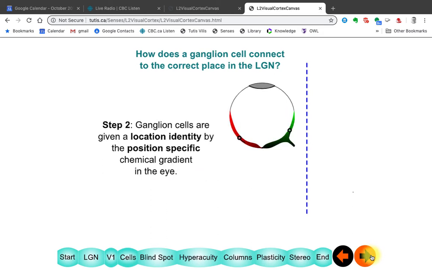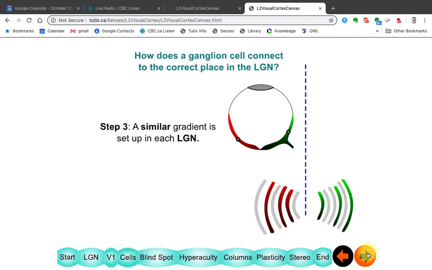Now, the first thing that happens is that the ganglion cells here adopt the same gradient that the socket had. Okay? And so each ganglion cell has a certain scent, a chemical gradient, and it's different from the one beside it. And the LGN develops, and it develops a similar gradient.